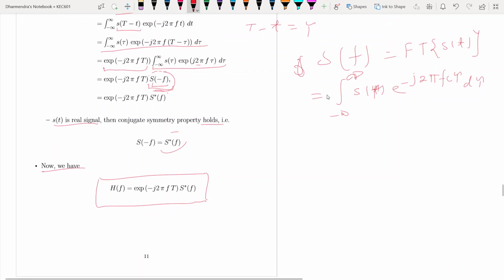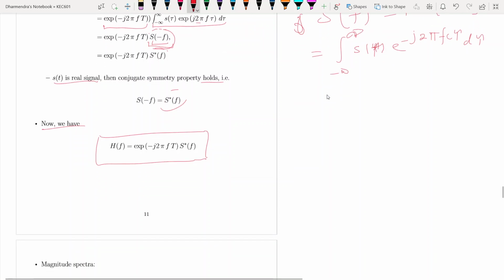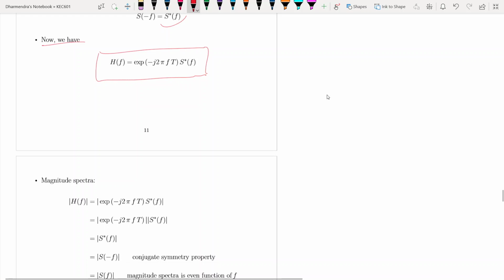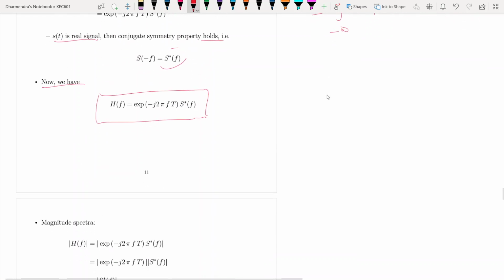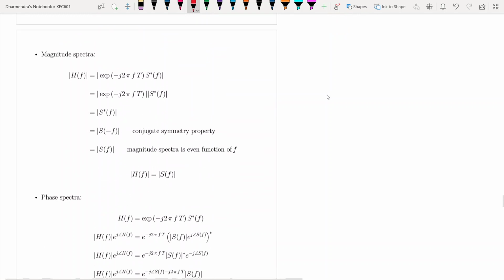That is related to the Fourier transform of the signal. Now I will divide this frequency response into magnitude response and phase response to analyze the matched filter based signal demodulator.